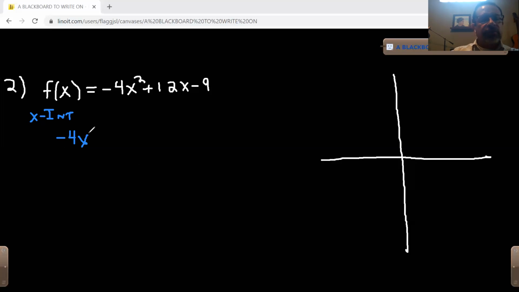Minus 4x squared plus 12x minus 9 equals 0. Remember that the x-intercept means finding the roots. And how do we find the roots? Well, we can try to factor the expression, or we can use the general formula. Remember that if we use the general formula directly, we'll always find the roots.